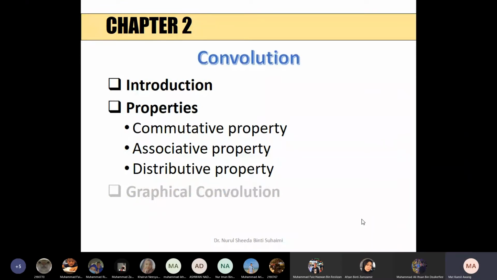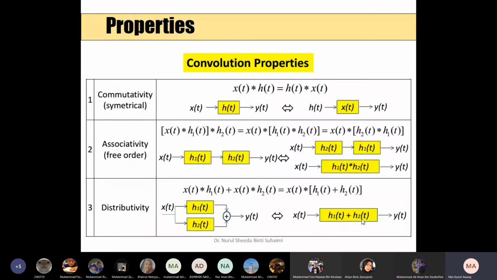What are the properties of convolution? It has three properties: commutative property, associative property, and distributive property. What is the commutative property? It's a symmetrical property where x of t convolved with h of t is equal to h of t convolved with x of t. So it's interchangeable.